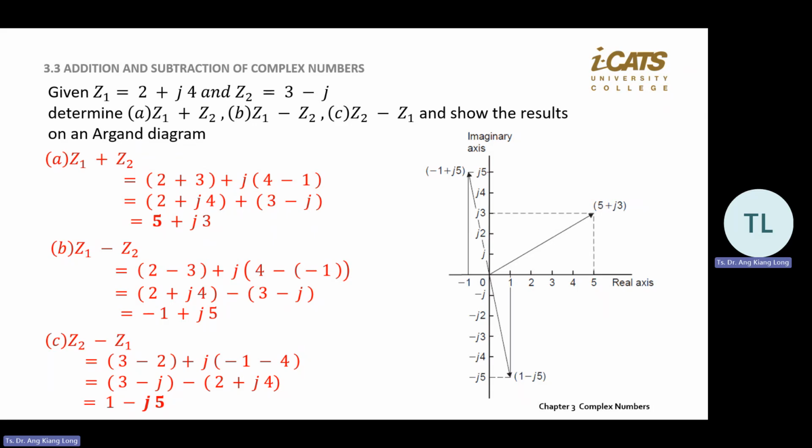A proper way of writing is to write the complex number at the arrowhead there. But if you're lazy, you follow the question, you can do the same as what I did on the whiteboard. You can just label the vector as A, B, and C.